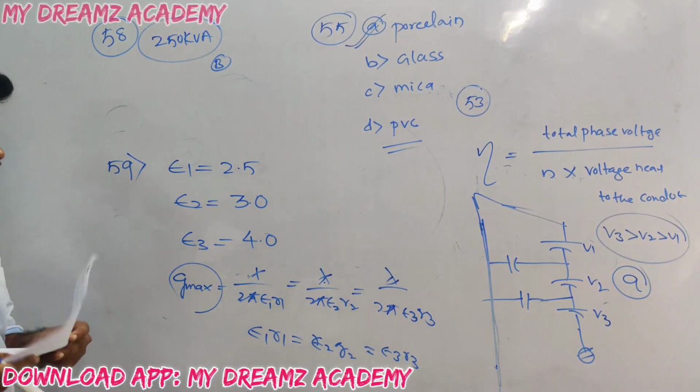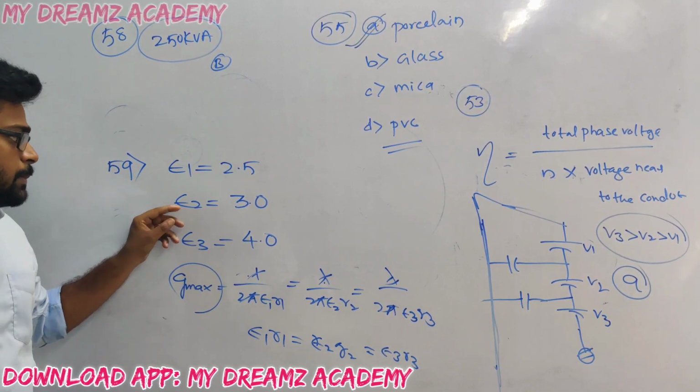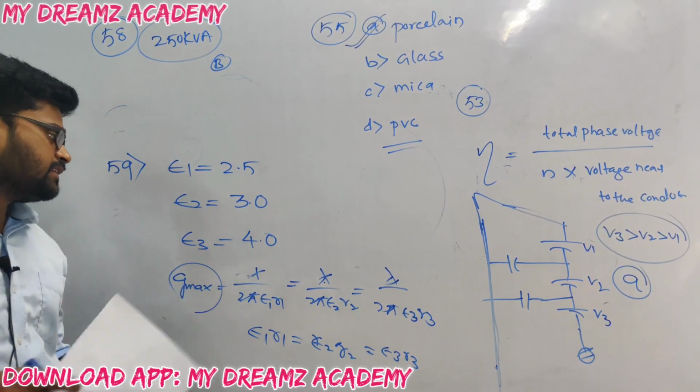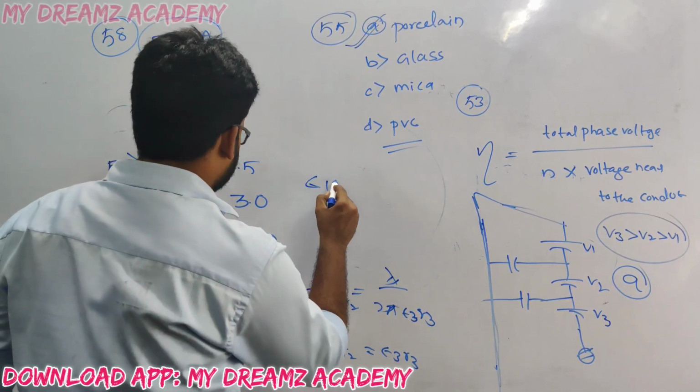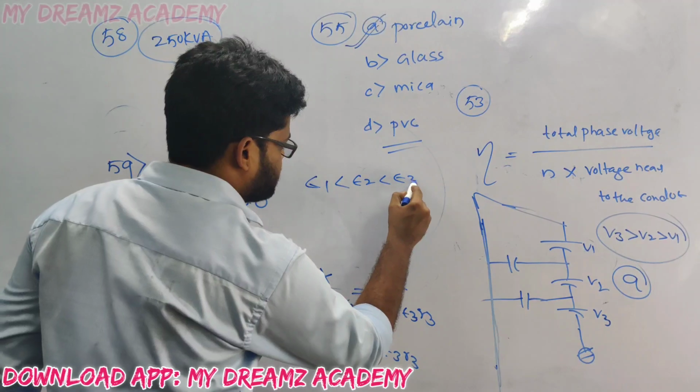But here epsilon 1 is a smaller value, epsilon 2 is the next value, and epsilon 3 is the highest. So epsilon 1 is less than epsilon 2, which is less than epsilon 3.